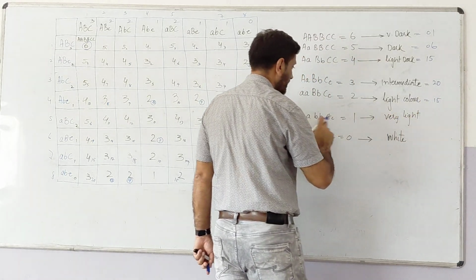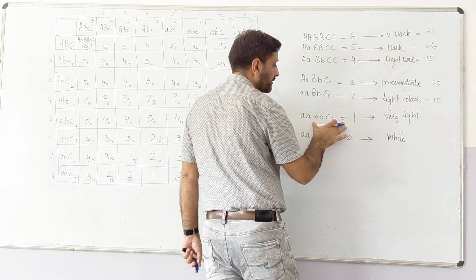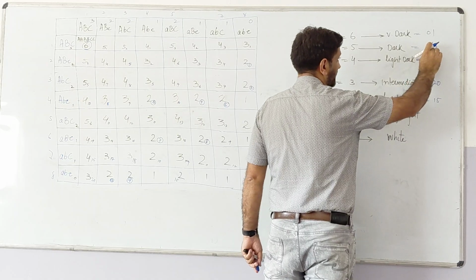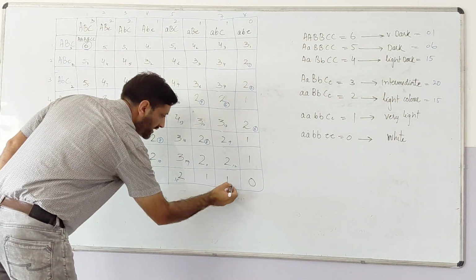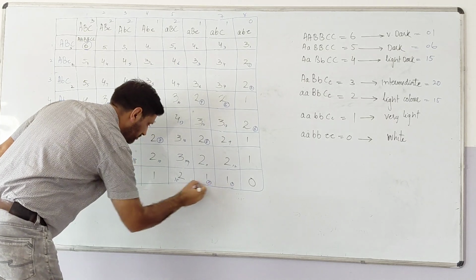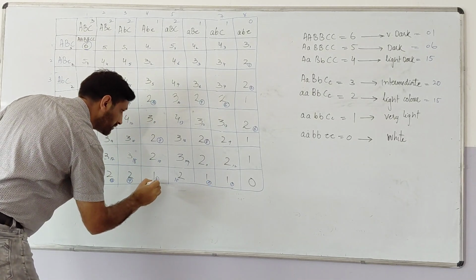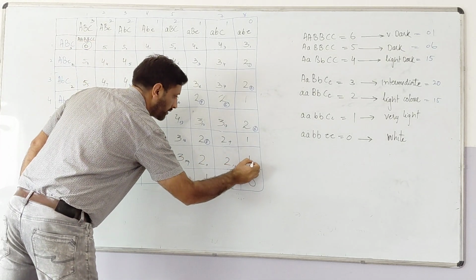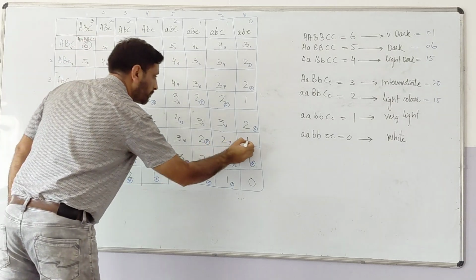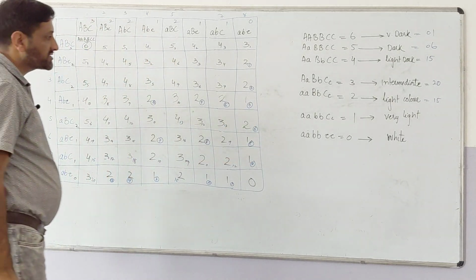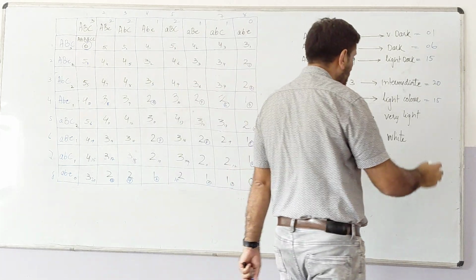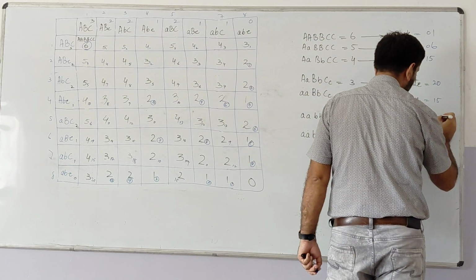Now if we see with 1 dominant allele, it will be 6. So let us count. This will be 1, this will be 2, 3, 4, 5 and 6. So there are 6 individuals with only 1 dominant allele.